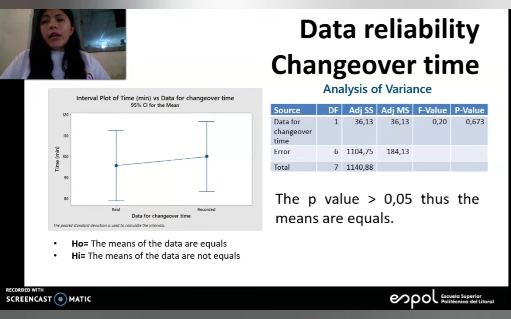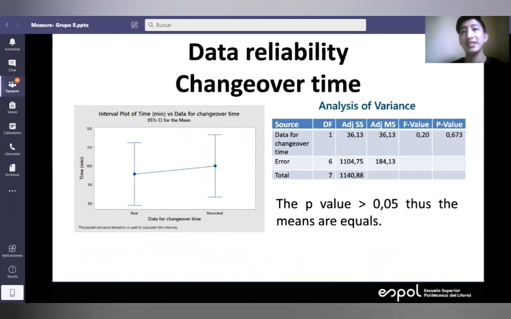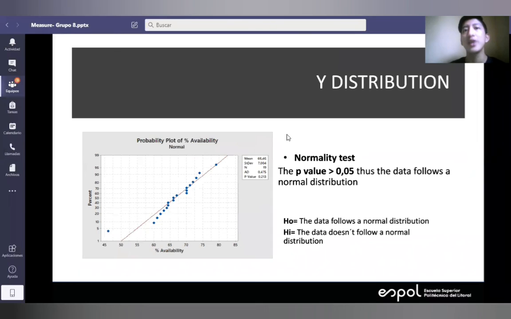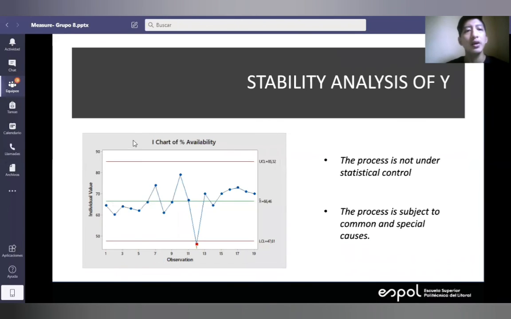In this project, the capacity analysis won't be done because we don't have a specification and the process doesn't have modifications. Stability analysis: but first, we have to do a normality test. We do a control chart for individual data, IMR, because the data is continuous.